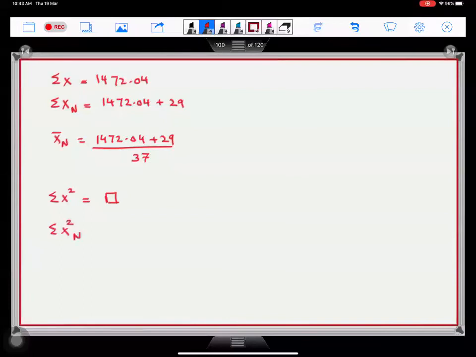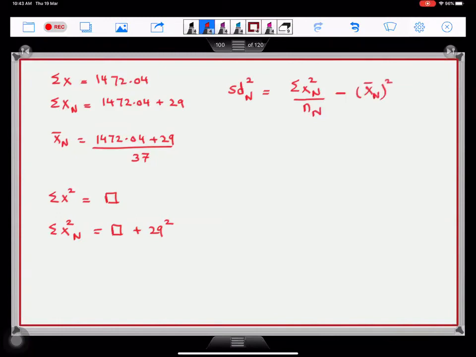Sigma x square new would be that value plus 29 square. And then the new x bar is given. So the new standard deviation is sigma x square new divided by the new n, which is 37, minus x bar new square, and then you get the answer. Don't forget to take the square root. Okay, let's move on.